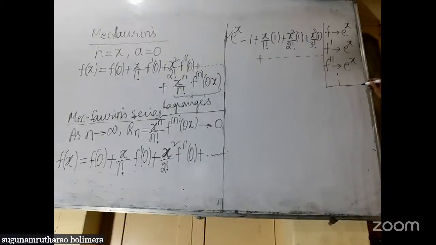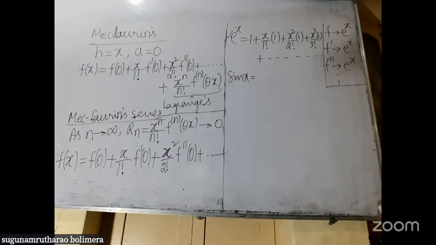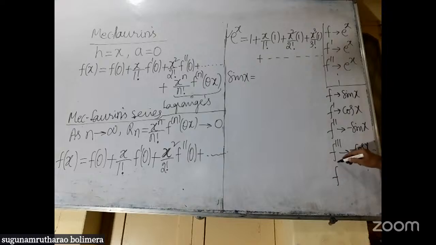And even if you want, you can write it for sin x. If f is sin x, f dash is cos x. f double dash is minus sin x. f triple dash: the derivative of sin is cos, so minus cos x. The fourth derivative: the derivative of cos is minus sin, so minus of minus sin x, and so on.